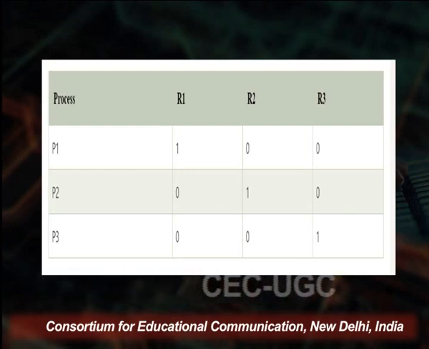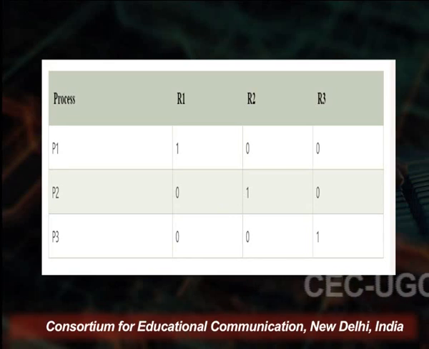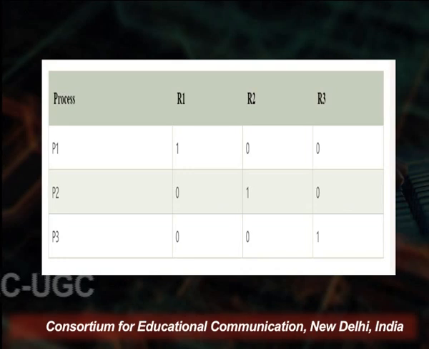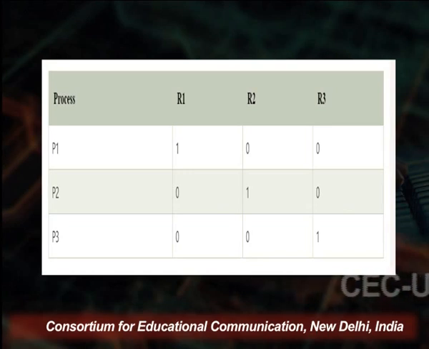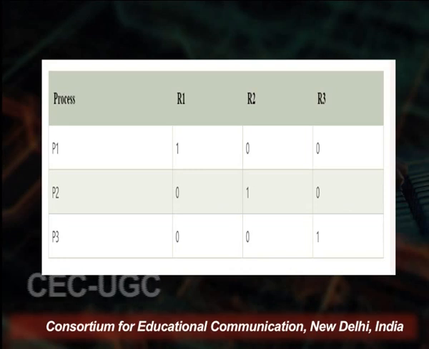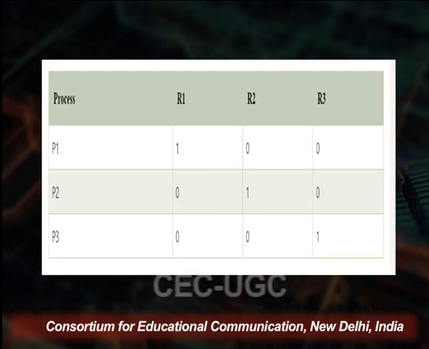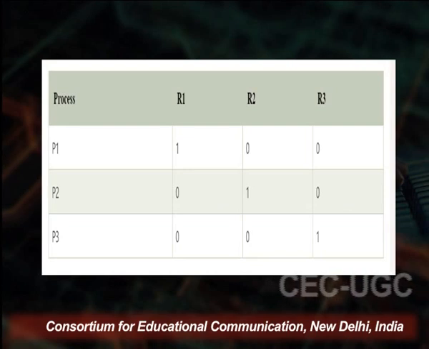Similarly, if you observe the second row corresponding to the process P2, it has requested the resource R2, not the resources R1 and R3. And P3 has requested the resource R3, not R1 and R2. So this is the situation of the request matrix.